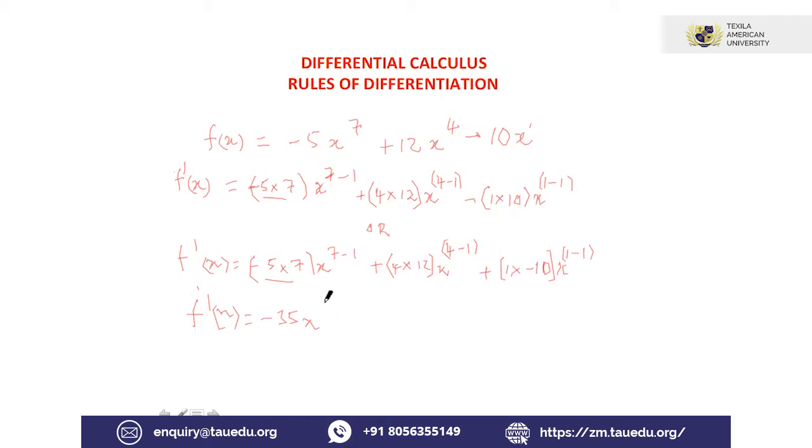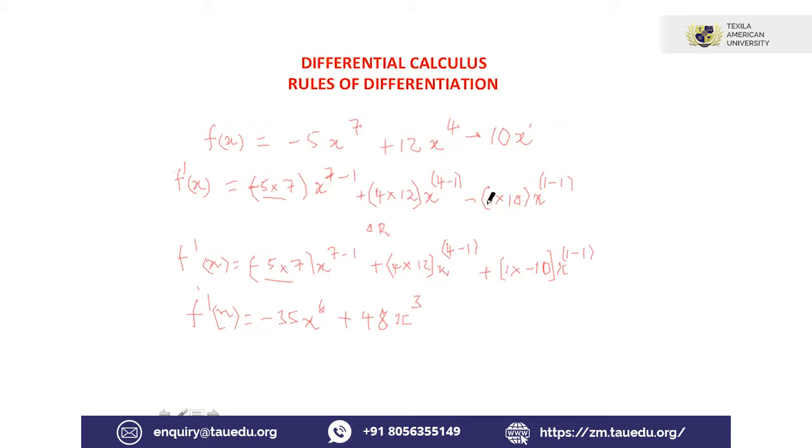So you see the two equations will give you the same value. It depends on how you want to work it out. So this will give you 6. Then 4 times 12 will give us 48. Then our x has a power of 3, 4 minus 1 is 3. So I have 3 here.